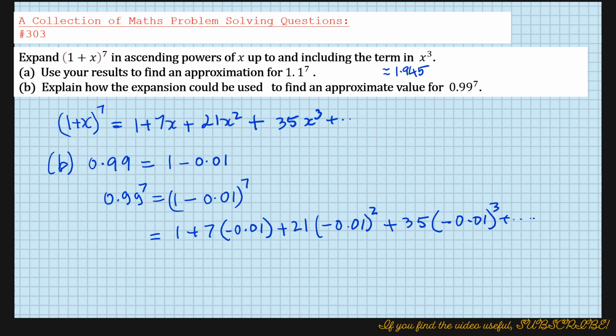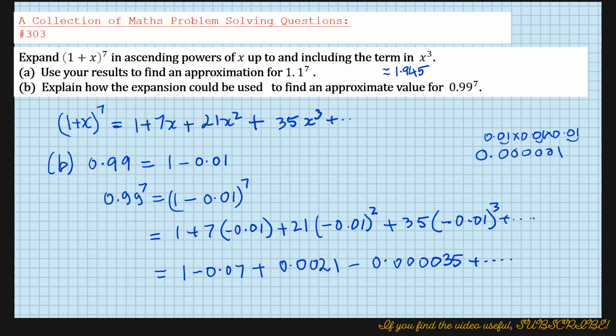For the numbers being squared, with even powers, the negative sign goes away, and the numbers with the odd powers will continue to have the negative sign. So we are left with 1 minus 0.07 plus 0.0021 minus 0.00035 and so on.